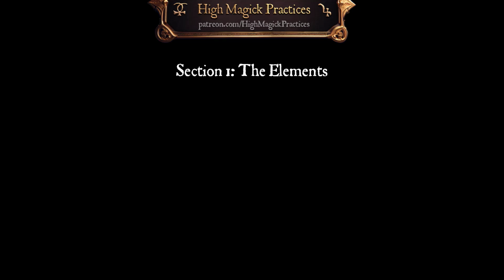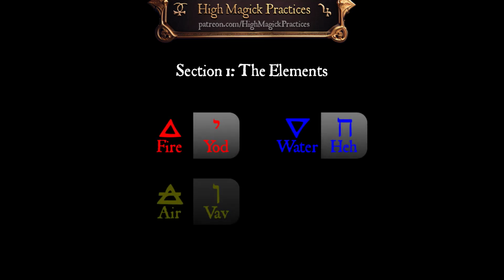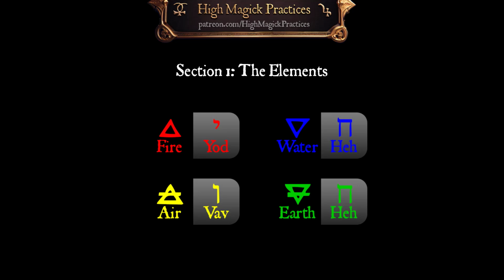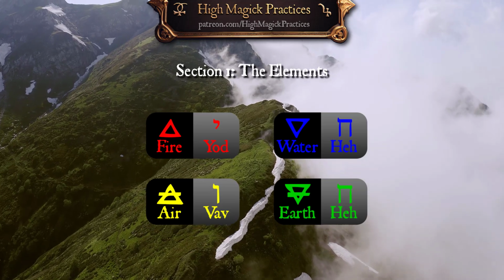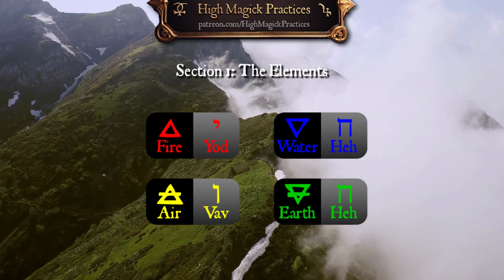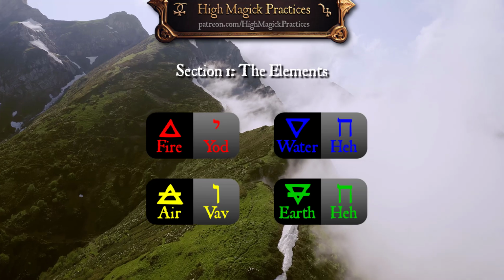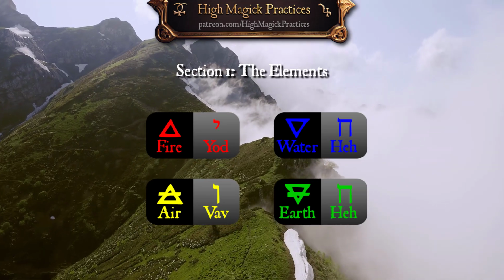As you may already know, the 4 primary magical elements are fire, water, air, and earth. The 5th unifying element, spirit, will be discussed in a future episode. These elements are not merely physical substances, but symbolic representations of the fundamental modes of existence and energy in the universe.